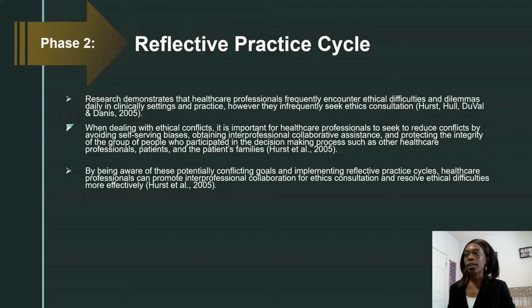By being aware of these potentially conflicting goals and implementing reflective practice cycles, healthcare professionals can promote interprofessional collaboration for ethics consultation and resolve ethical difficulties more effectively. And when you look at the reflective cycle, it encompasses a framework of cyclical learning process. It involves the reflection before the action.